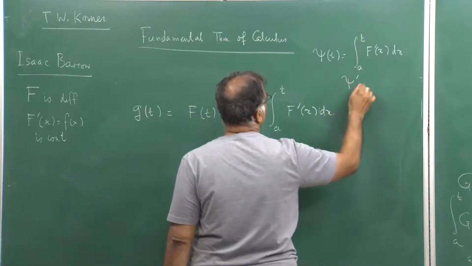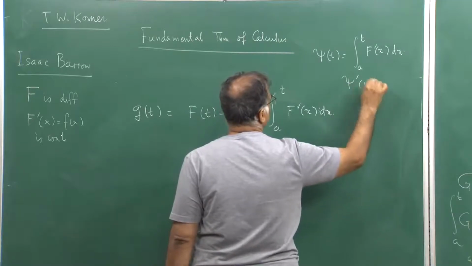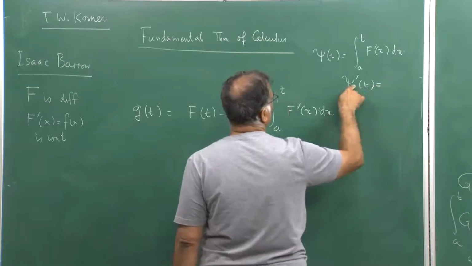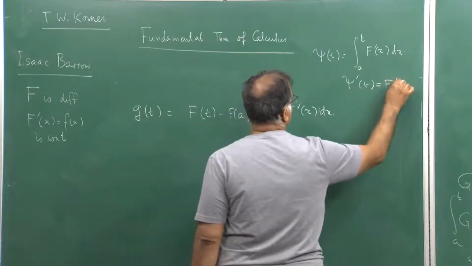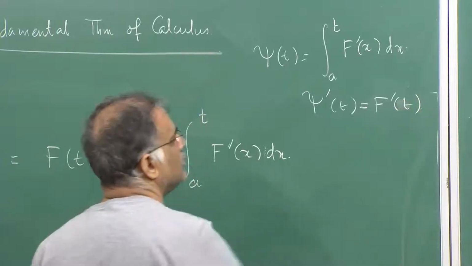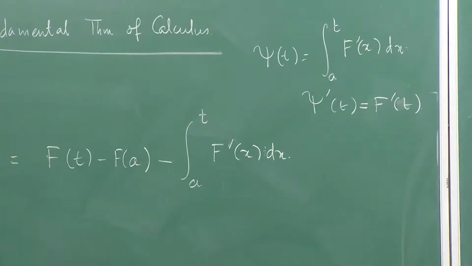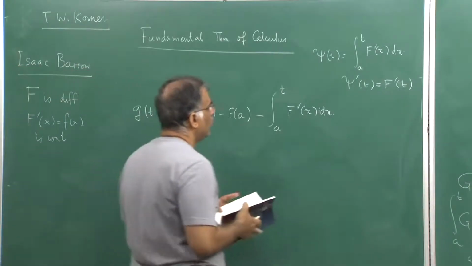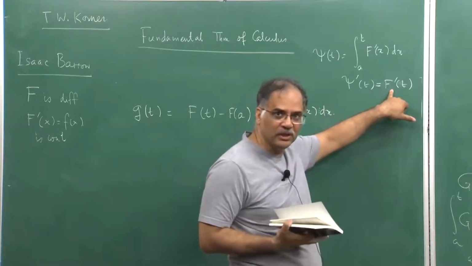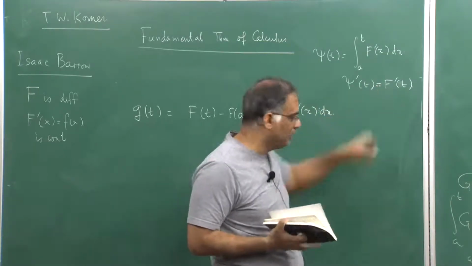So phi dash of t would be, what? It would be f dash of t. So what is the function capital phi whose derivative would be f dash of t? That would be F of t. Right.